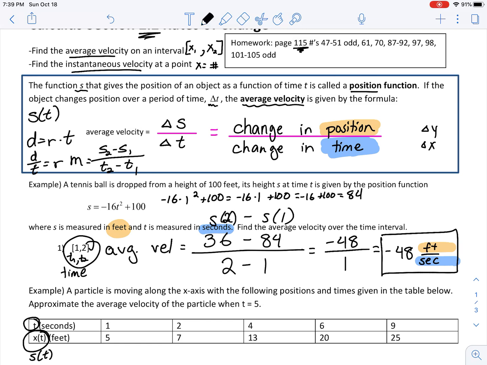We'll leave it. Okay, so a particle is moving along the x-axis with the following positions. That just means that it's moving sideways. That's all. Along the x-axis means sideways. So maybe don't think of it as an x-axis, but think of it as a number line.